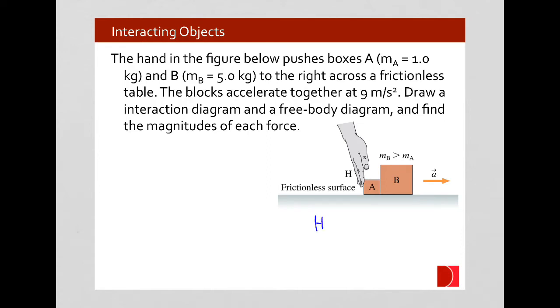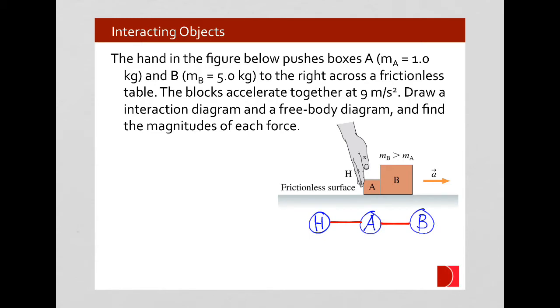So we want to show the hand is pushing on block A, and so we'll put a connector there to show that they're pushing on each other. A is then being pushed into B, and so we'll have another connector showing that interaction between A and B.